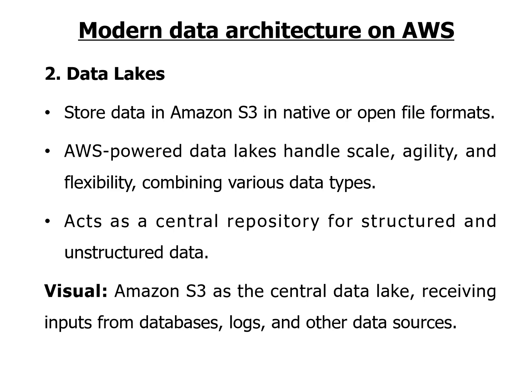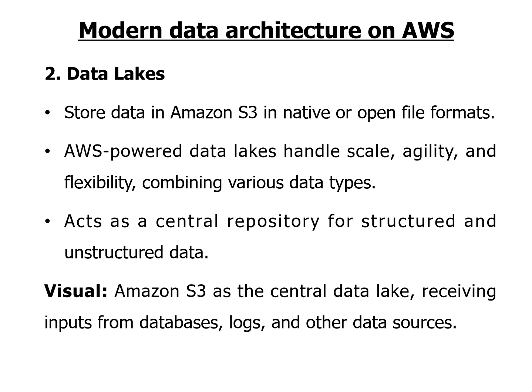The second component is data lake. So data lake is nothing but storing raw data into some server or cloud. The main cloud storage for data lake is Amazon S3. It is a native or open file format.